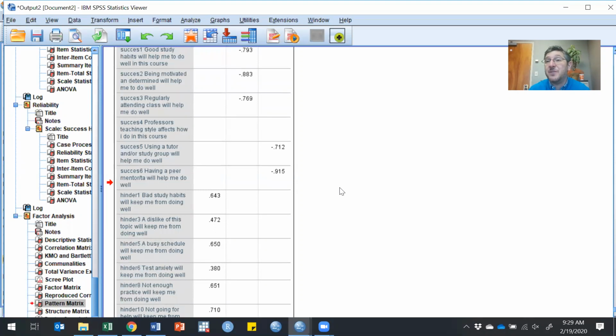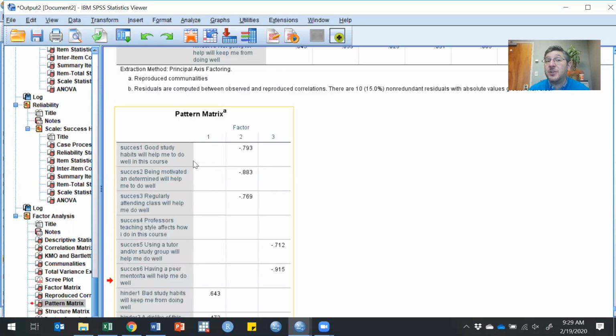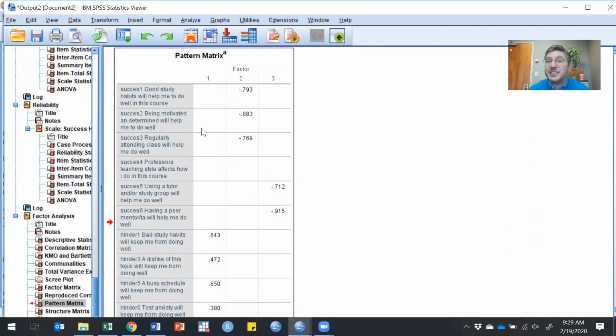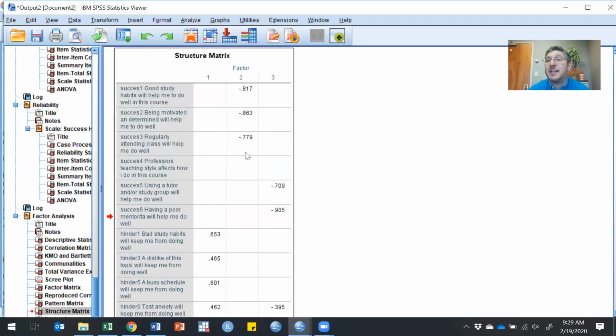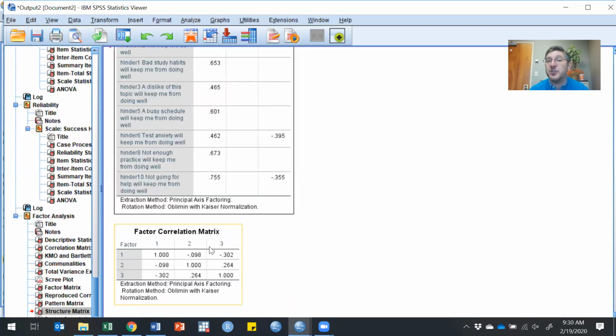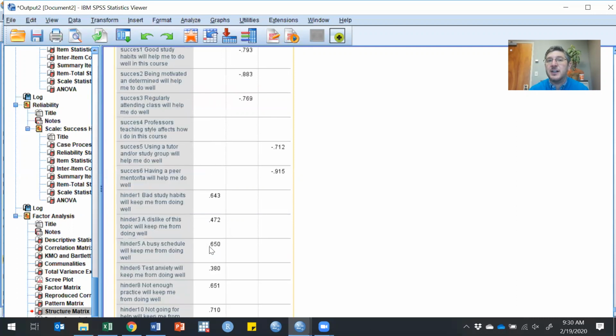In the literature, you'll get different recommendations. Tabachnick and Fidell suggest just interpreting the pattern matrix, since it's easier and cleaner to interpret. In their factor analysis book, Pett et al. suggest using and reporting both matrices, especially if there's a strong correlation between the factors, and naming your factors based off the structure matrix.